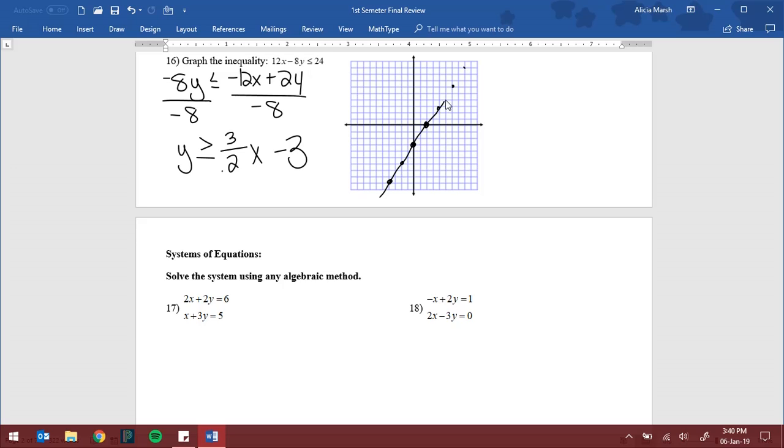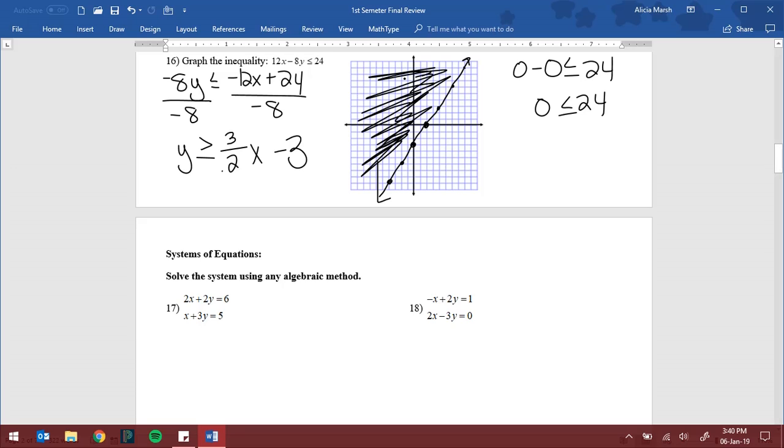Now, if it was just a greater than, then I would have had to do a dashed line. And then what we're going to do is check with 0, 0 to see which side of this graph I get to shade on. So 0 minus 0 is less than or equal to 24. So 0 is less than or equal to 24. That's a true statement, which means I get to color on the side of 0, 0.